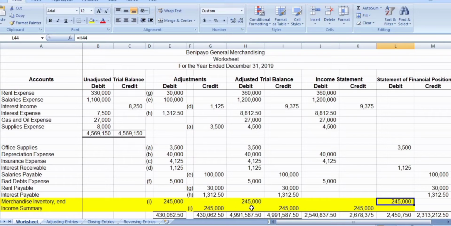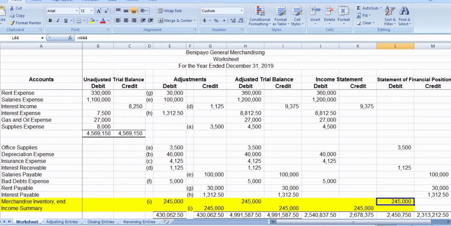What is its normal balance? Recall that to compute the cost of goods sold or cost of sales, merchandise inventory beginning, add net purchases to arrive at the cost of goods available for sale. Then, less or deduct merchandise inventory end. From that, we know that if the normal balance of purchases is debit, then the merchandise inventory beginning, which is added to the net purchases, must also have a normal balance of debit.